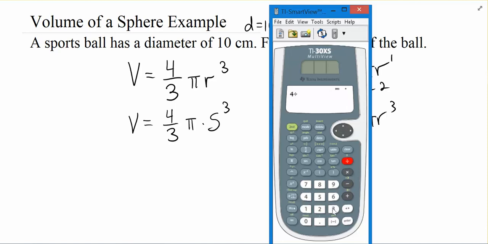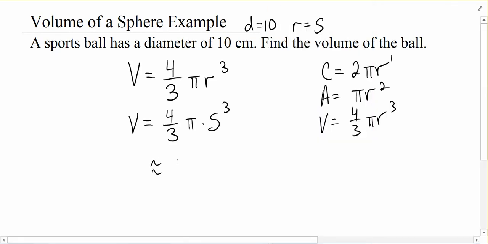With 4/3 times pi times 5 cubed. And we end up with 523.6. In this case, it was centimeters times centimeters times centimeters. So it's cubic centimeters.